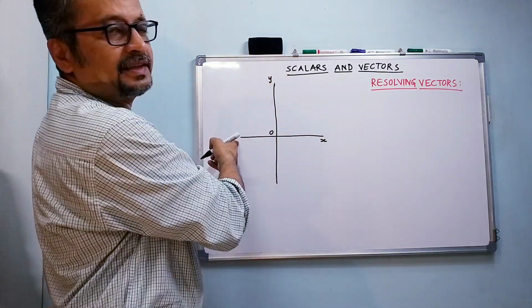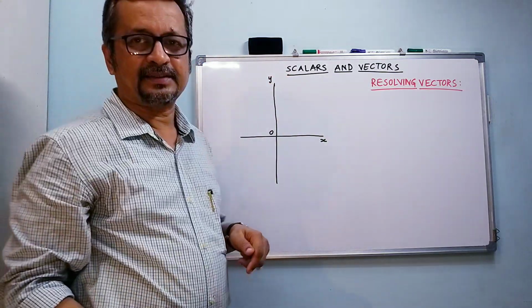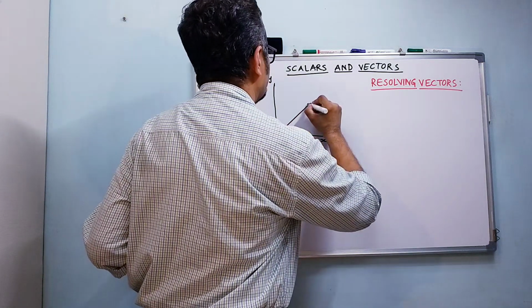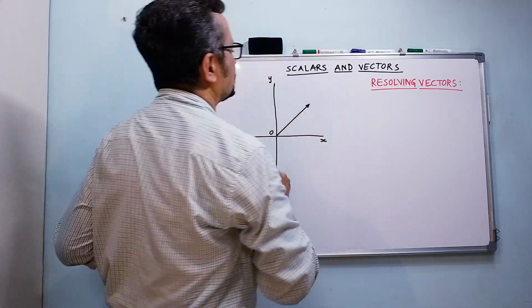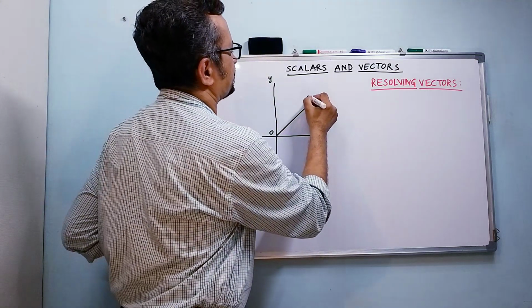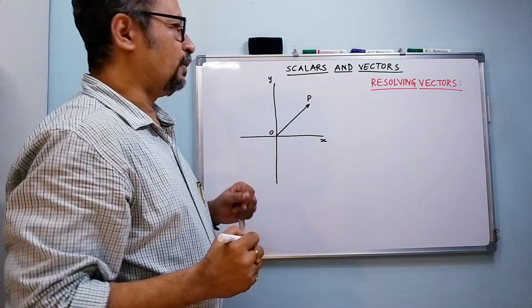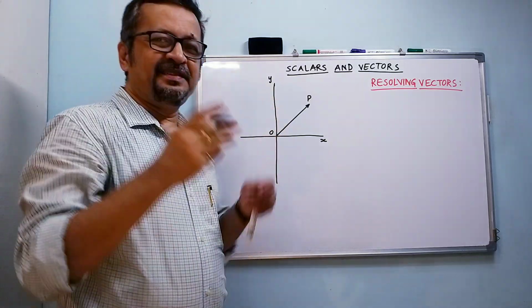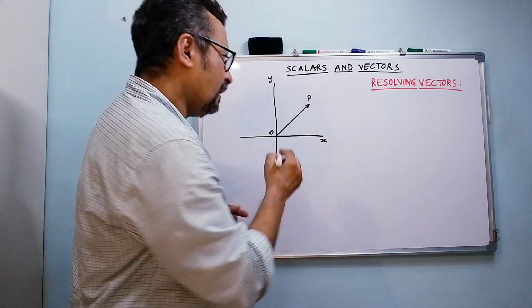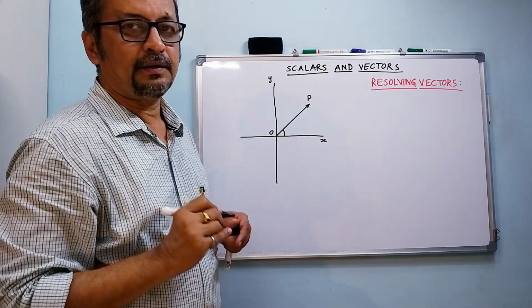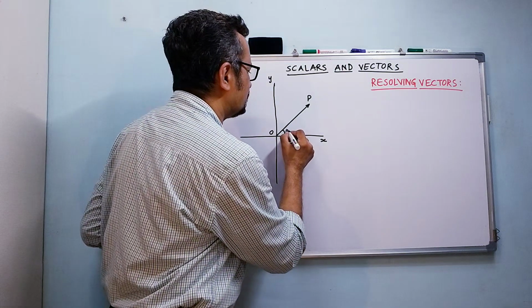Obviously this is my negative x-axis and this is negative y-axis. Now here, suppose I have a vector, let us say OP bar. Now I need some more data here. I'm taking the angle made by this OP bar with the positive x-axis and I'll call this theta.